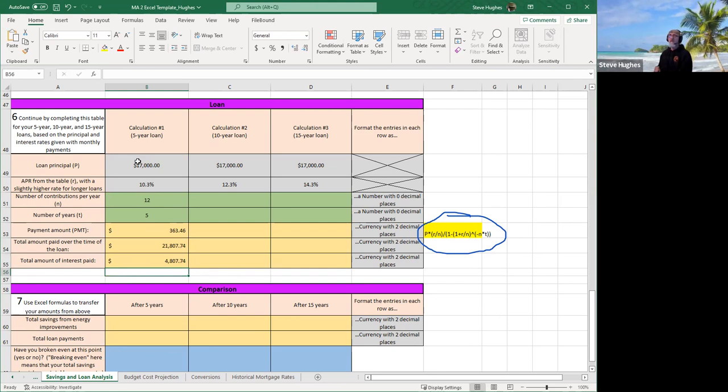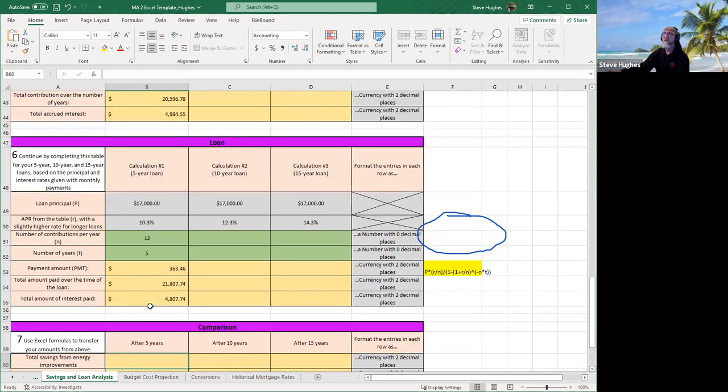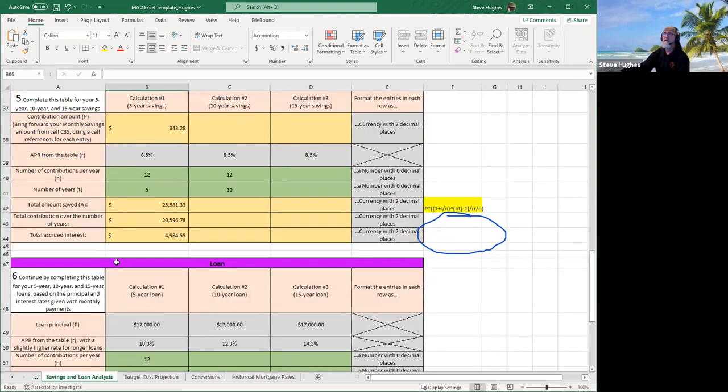Once again, guys, you can copy these formulas, make sure they're formatted correctly. I'm not going to do anything else for columns C and D. That's up to you guys. All right. Next, what's my total savings from energy improvement? All right, my total savings, go back up here.